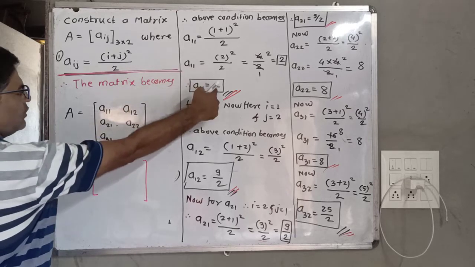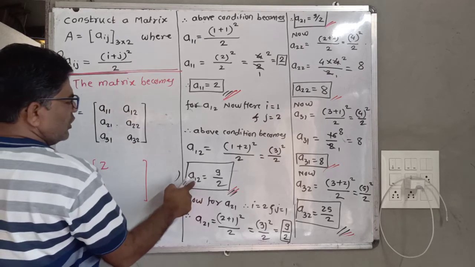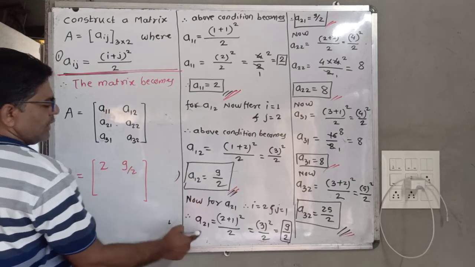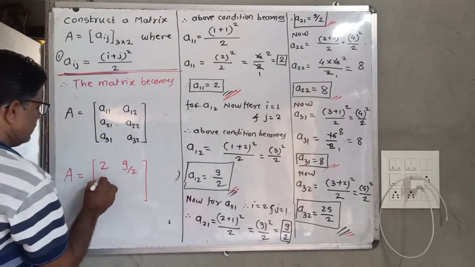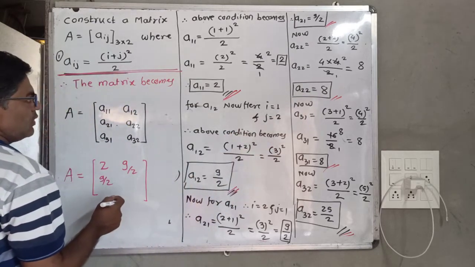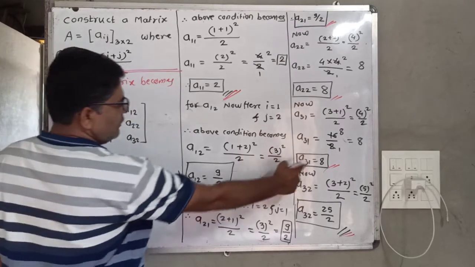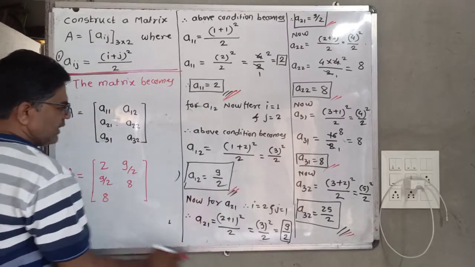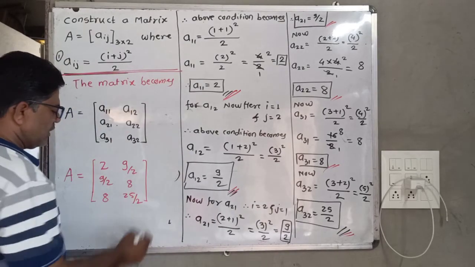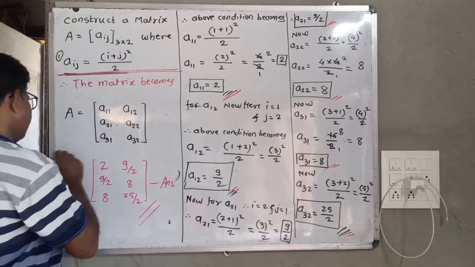A11 equal to 2. A12 equal to 9 by 2. A21 equal to 9 by 2. A22 equal to 8. And A31 equal to 8 and A32 equal to 25 upon 2. This is your final answer.